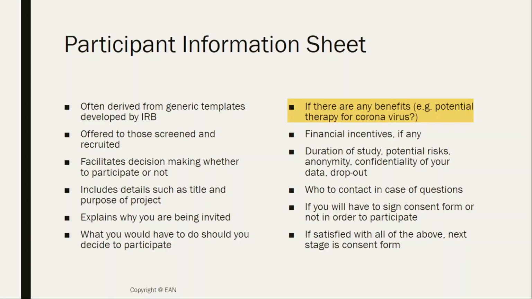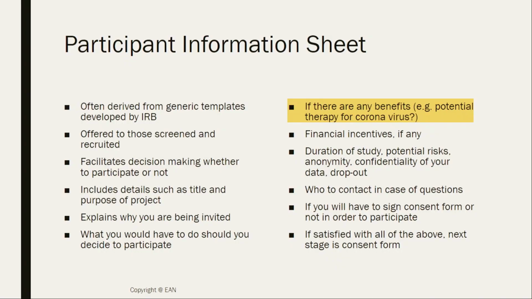It also addresses whether there are any benefits to the study or not. Look, for example, at studies that are being done now on clinical trials for drugs and vaccines against coronavirus. It addresses those benefits, and if it's a clinical trial, it will tell you specifically if you are being randomized in a placebo group as opposed to the experimental group, and what happens if benefits are deduced from that trial.